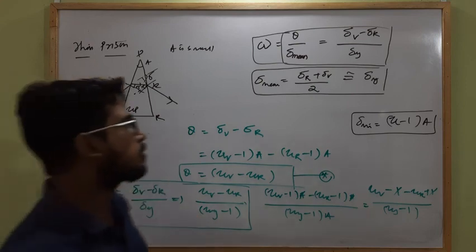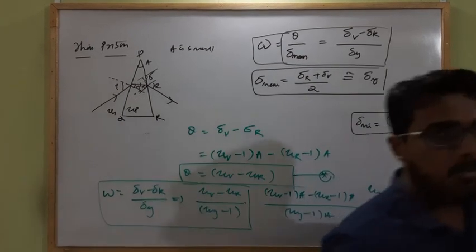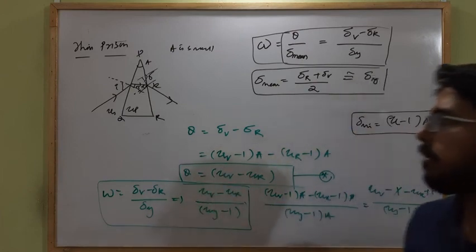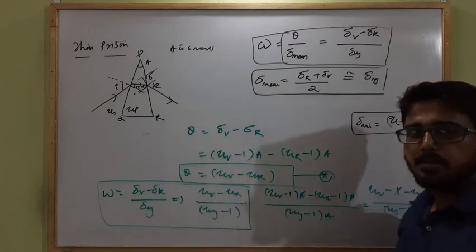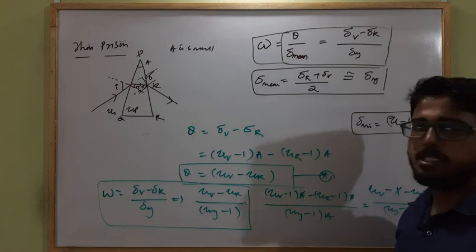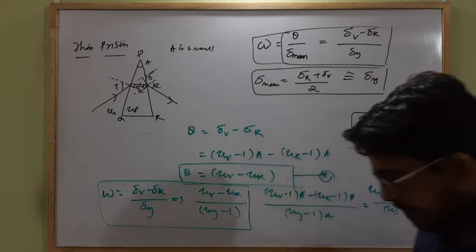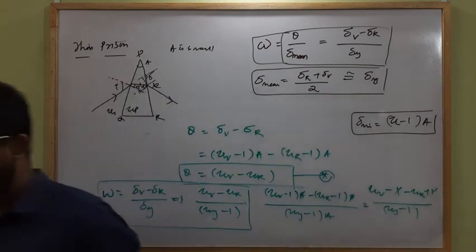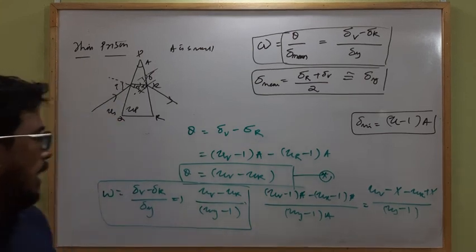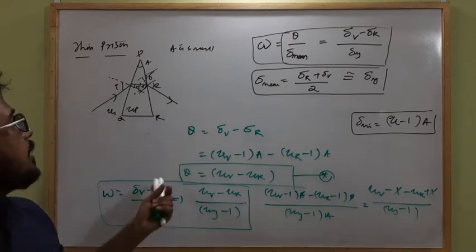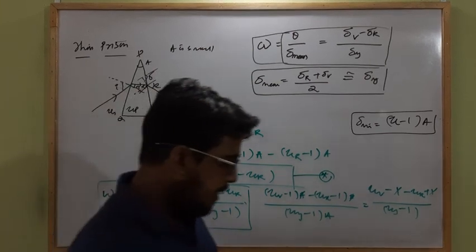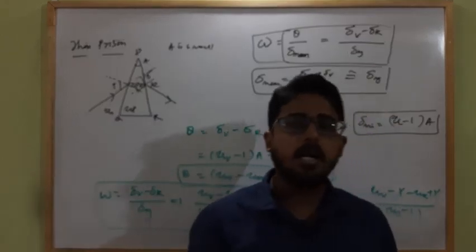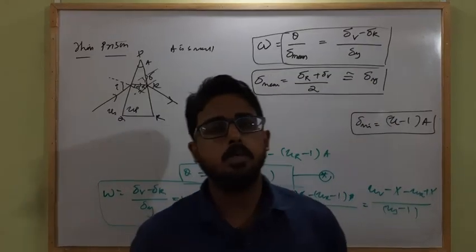What dispersion is, what dispersive power is, what angular dispersion is, and the condition for minimum deviation in the case of a normal prism we already studied. So this is about dispersion, dispersive power, angular dispersion, and the deviation in the case of a prism and how refraction takes place through a prism.